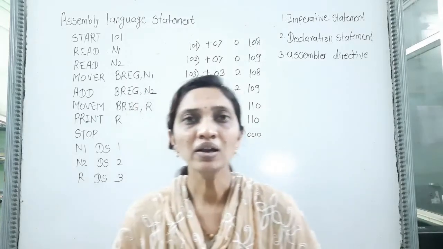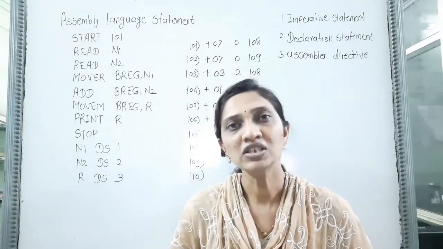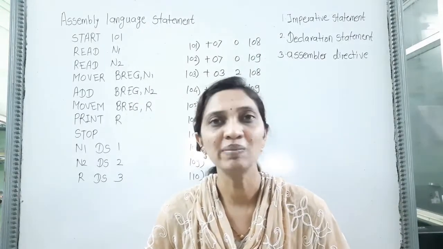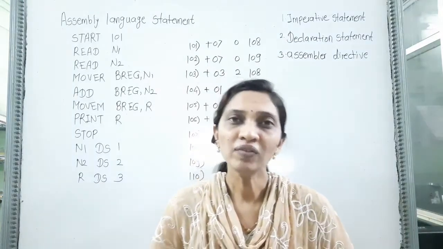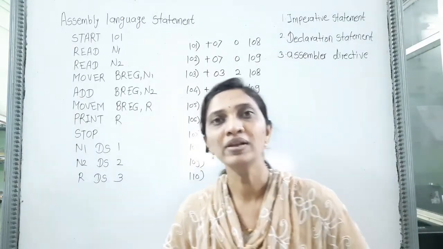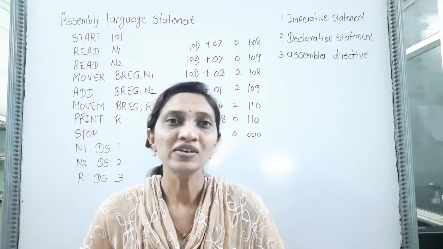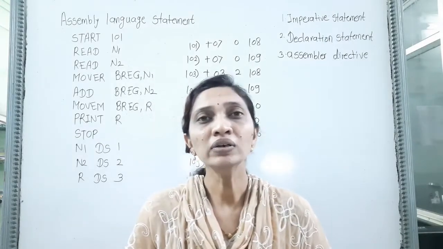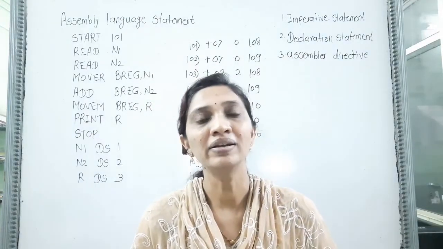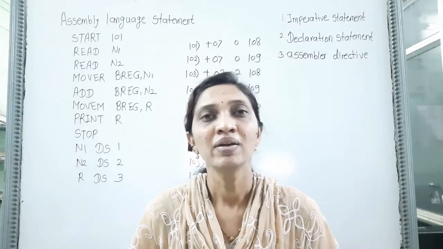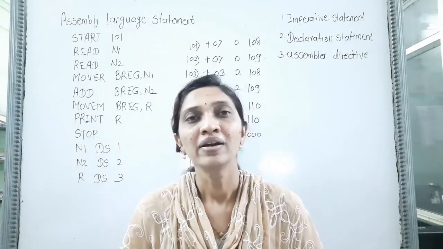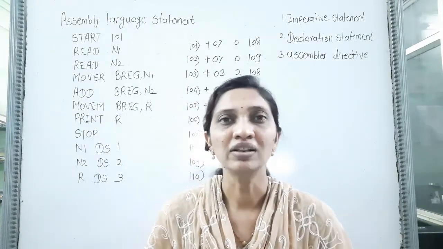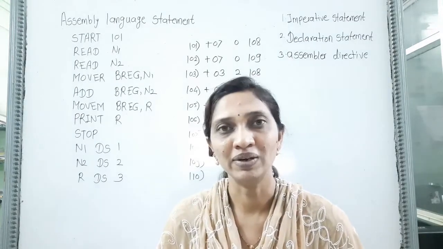Now we learn about the different statements present in assembly language. If we want to write a program in assembly language, then firstly we have to know how statements are written in assembly language. The assembly language contains 3 different kinds of statement.